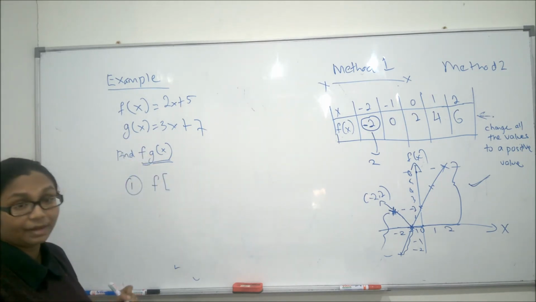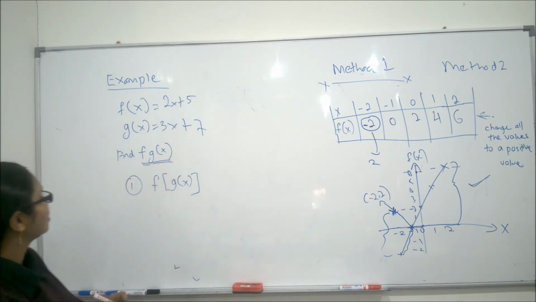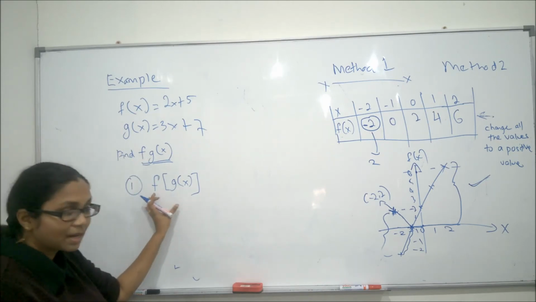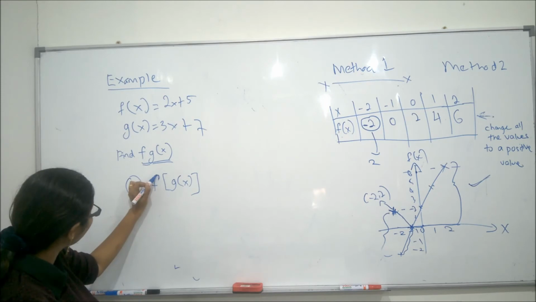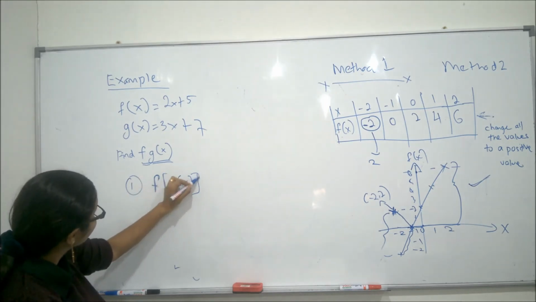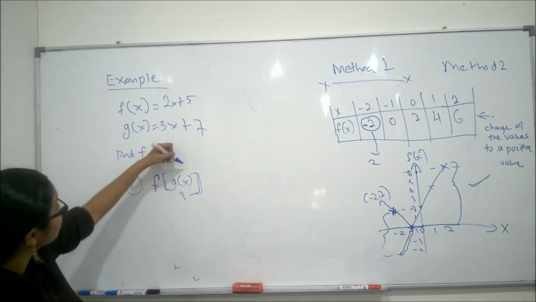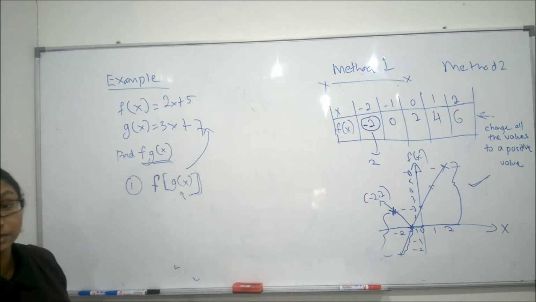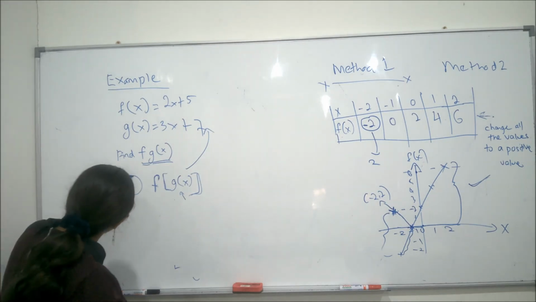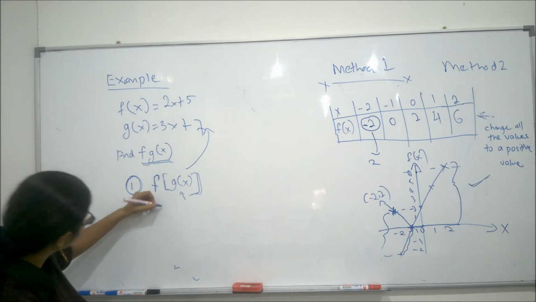Place a square bracket here. Why a square bracket? Because you can clearly see that this is made up of two functions, and the function of f has a new x value, and this x value is actually gx. Okay, may sound a little complicating, but just hang on with me. You'll be able to master this beautifully.